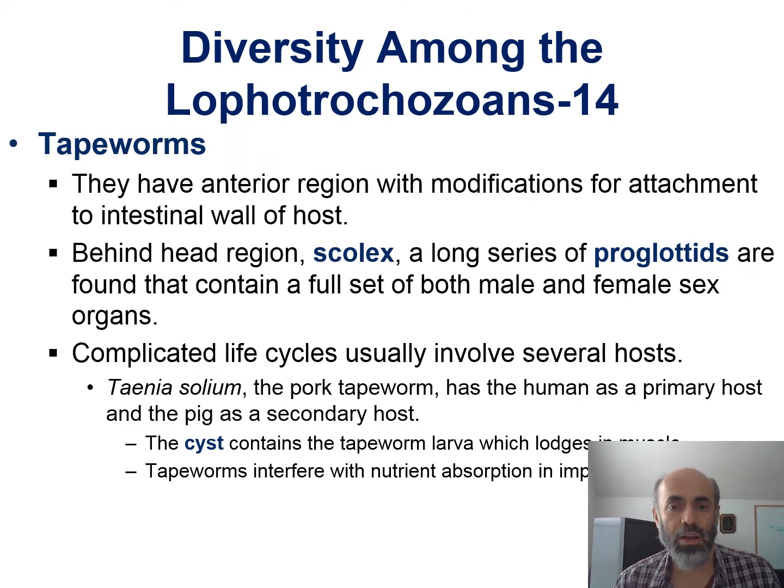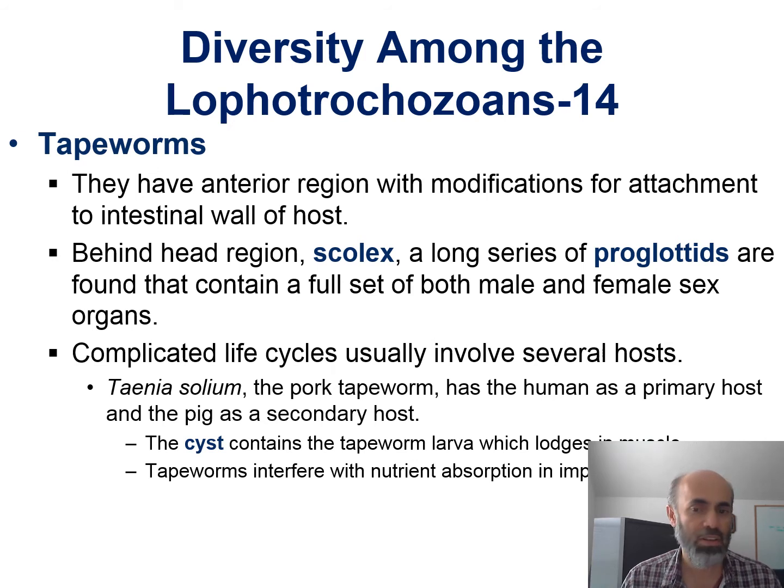Tapeworms are another pretty bad type of parasitic organism for humans and other organisms. They're called Taenia. Their body is divided into proglottids, tiny sections that have both male and female parts in them, sex organs in the same proglottid.